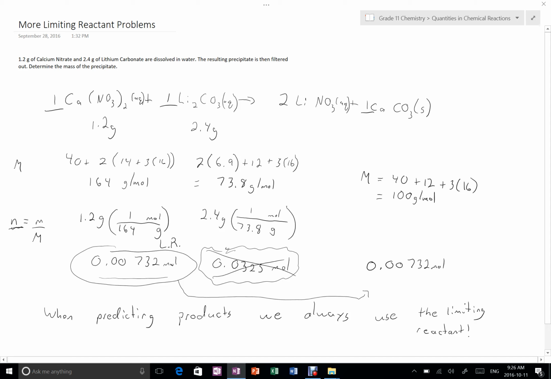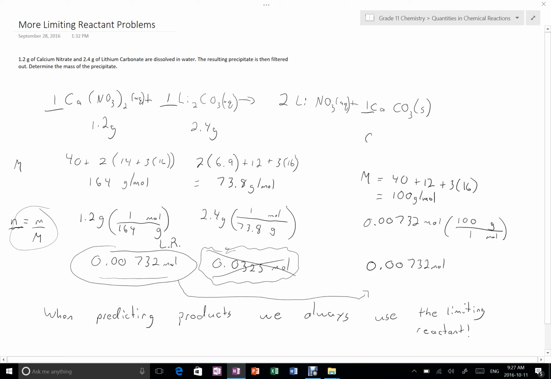So now, again, you can use this formula if you like the formula, but I'm kind of liking this factor reduction business, so I'm going to just treat this as a conversion. Moles, I'm canceling out moles, I'm introducing grams. So for every 1 mole I have 100 grams.